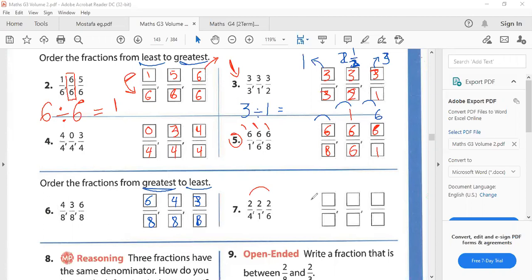The greatest one is 2 out of 1. Excellent. 2 out of 1 is 2, and it is the greatest fraction. So it will be 2 over 1 firstly. Then after 2 over 1? 2 over 4. Yeah, and then? 2 over 6. Excellent. Yeah, Tuhami. Well done.